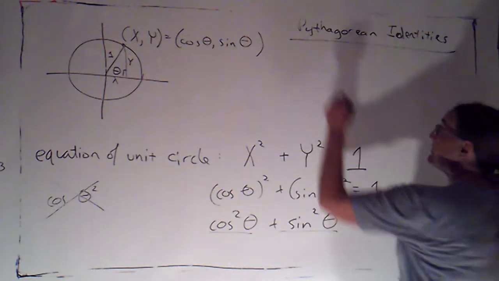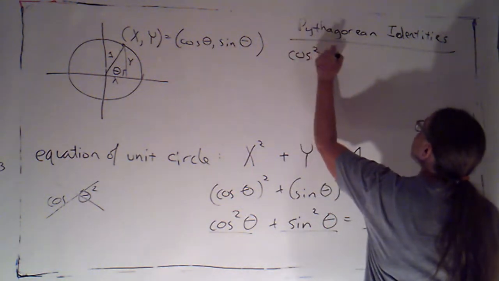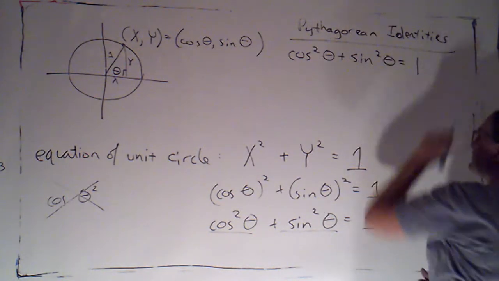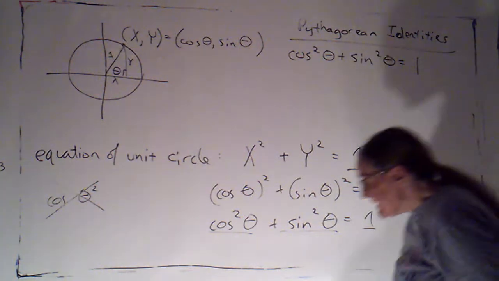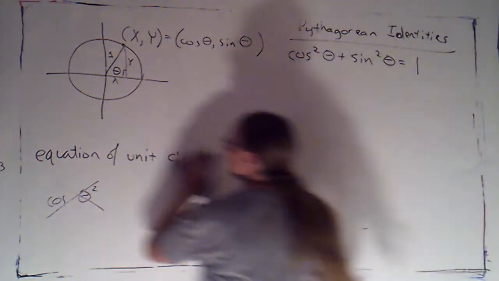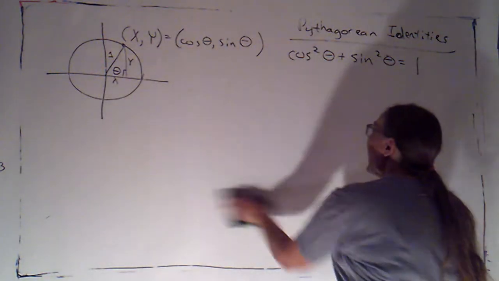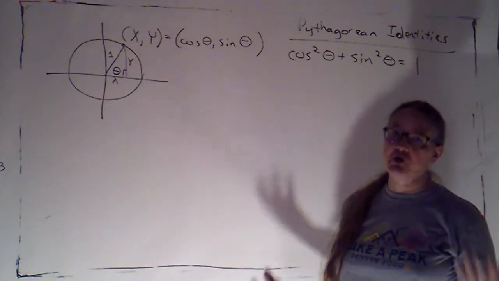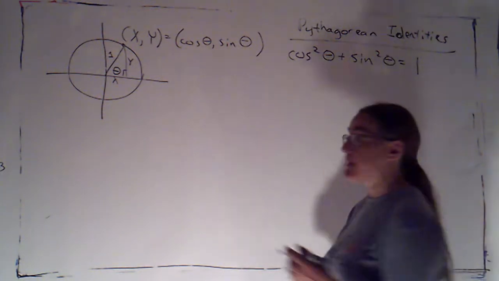All right, so this is the first of our Pythagorean identities, that cosine squared theta plus sine squared theta is equal to 1. Now, I said there are 3 versions of the Pythagorean identity, and if you have a working knowledge of this one, you have the other 2, because you can figure them out.